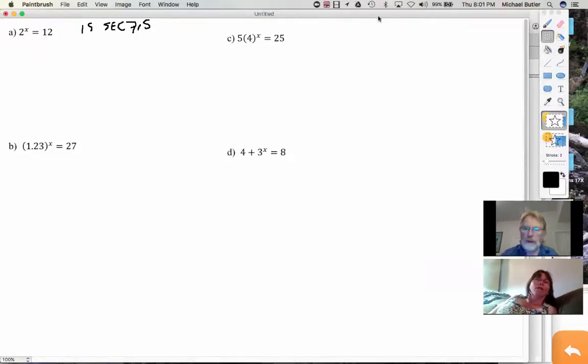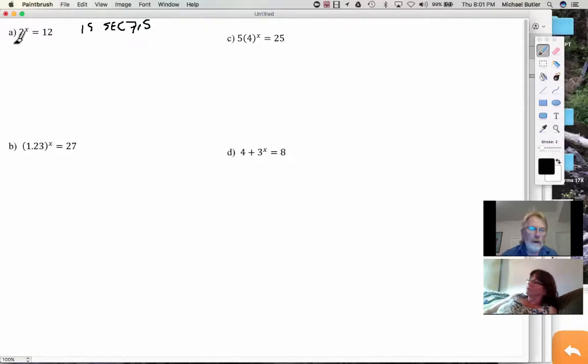Okay. We can use basically the definition of the logarithm here, and what I mean by that is that on this one in particular, you know that the exponent on a 2 that gets me 12 is x. So that's how you switch out of an exponential into a logarithm.